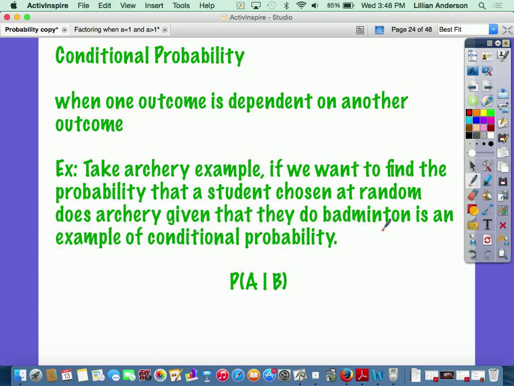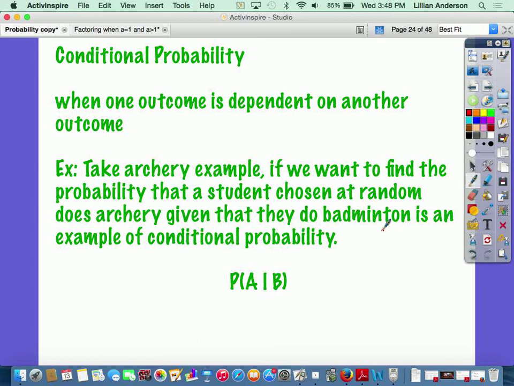So conditional probability is a little bit different from the probability that we've been dealing with, being that it is when one outcome is dependent on another, meaning that no longer are we looking at one particular outcome out of the whole. Now we're looking at one particular outcome in a certain set within the whole, okay? And the best way I want to explain this is by taking the archery example.